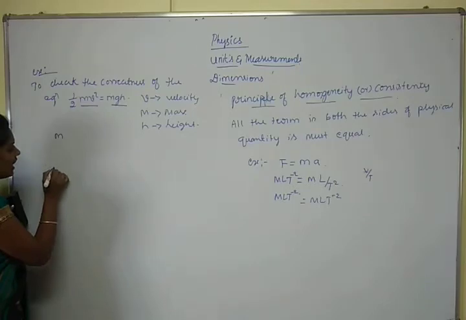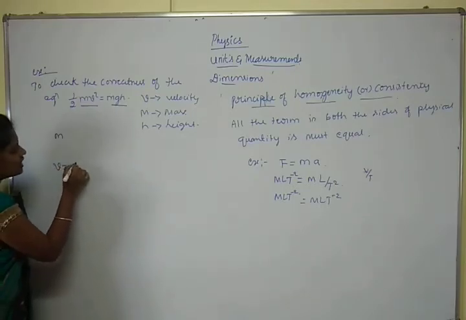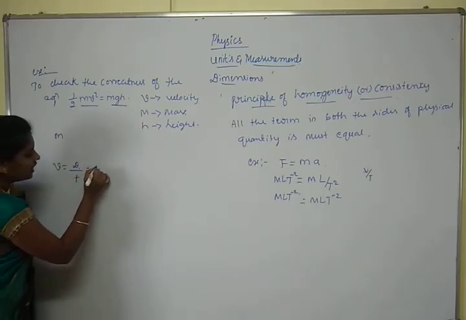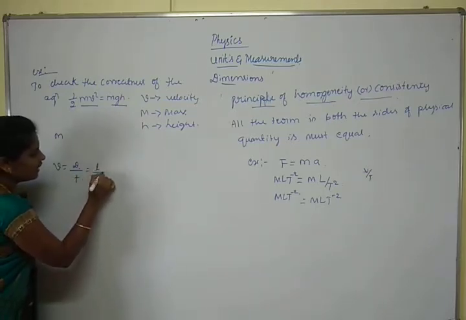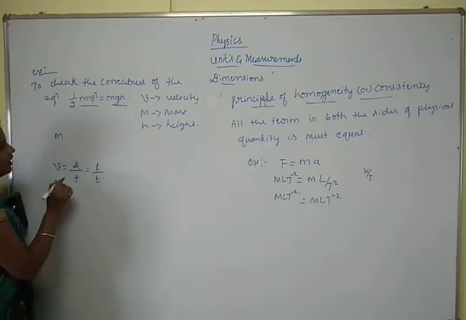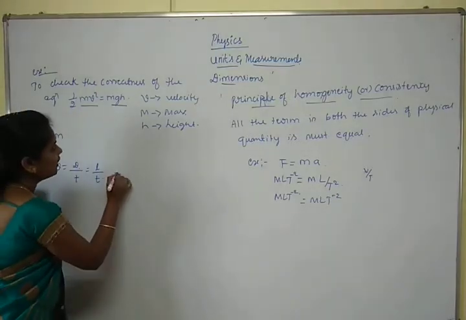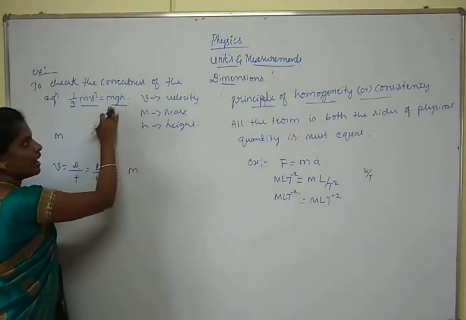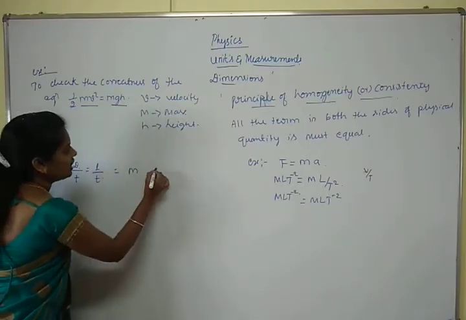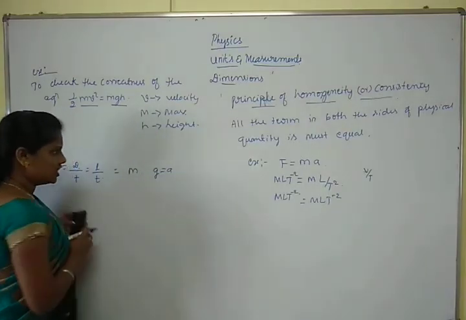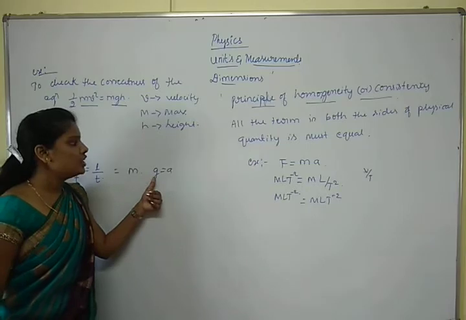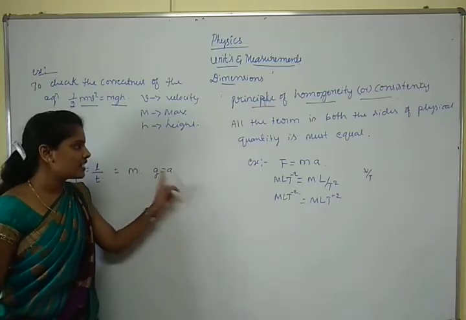Velocity squared. Velocity equals displacement divided by time taken, that is L divided by T. Here also m is mass. Here g means acceleration due to gravity, which is equal to acceleration.